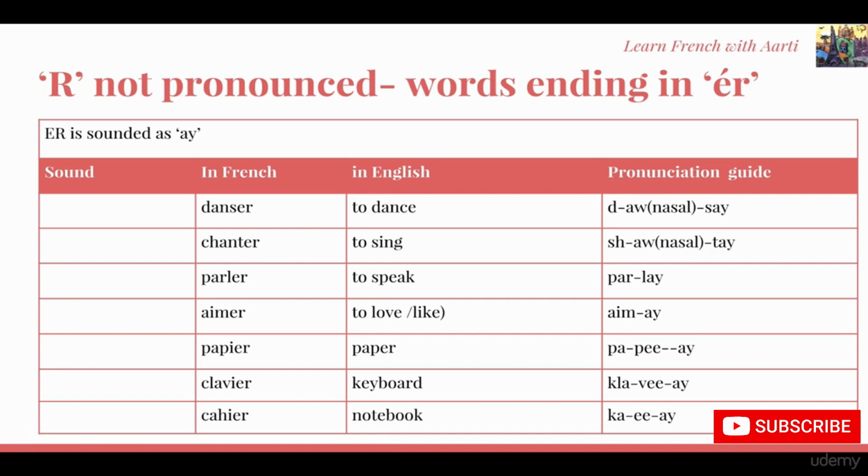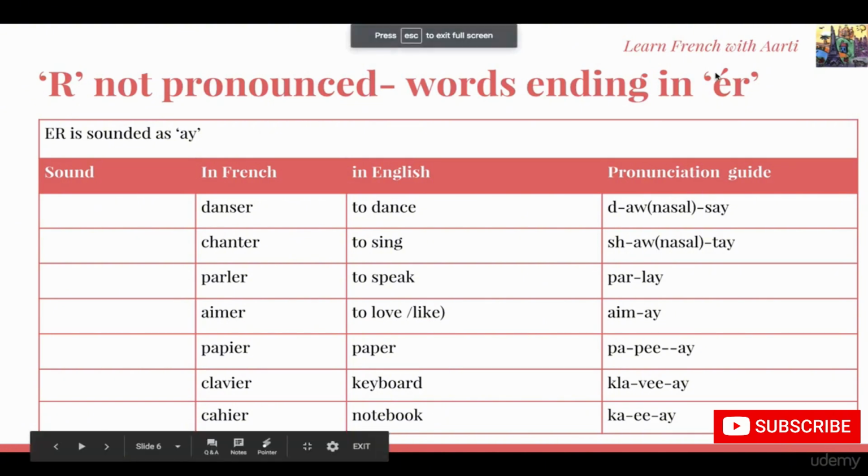This list of words are mostly verbs like danser, to dance, chanter. The ER has an A sound like AY, danser, chanter. Then we have parler, which is to speak, aimer, which is to love or like.